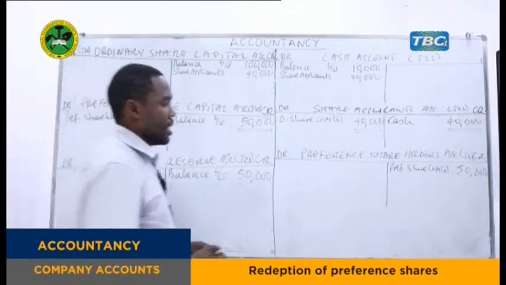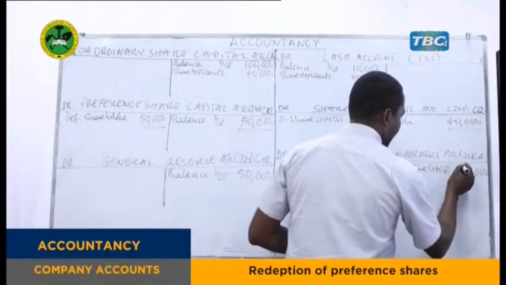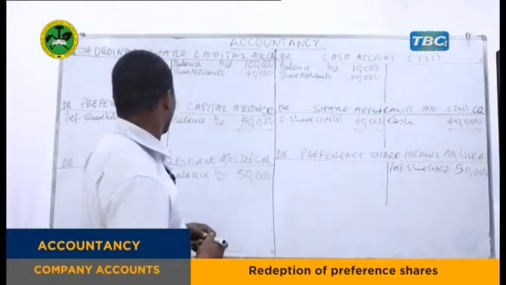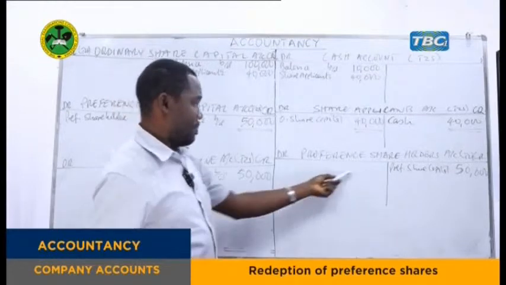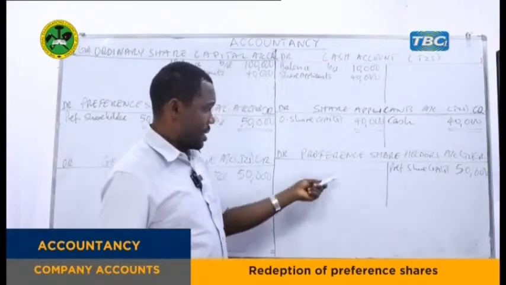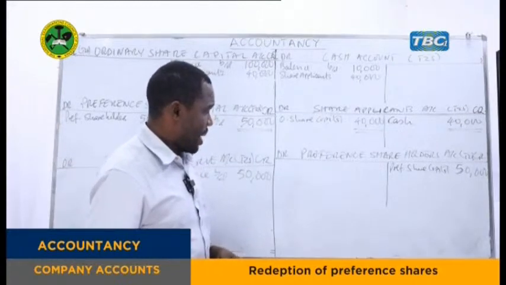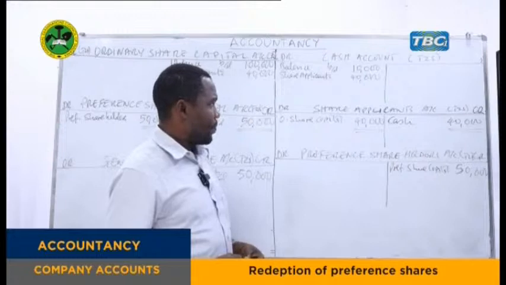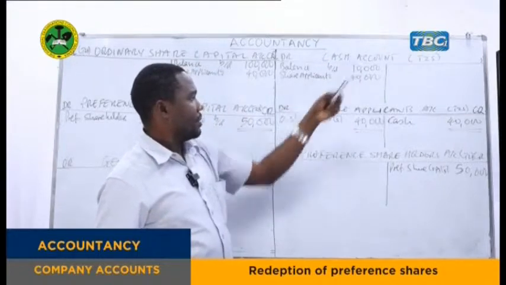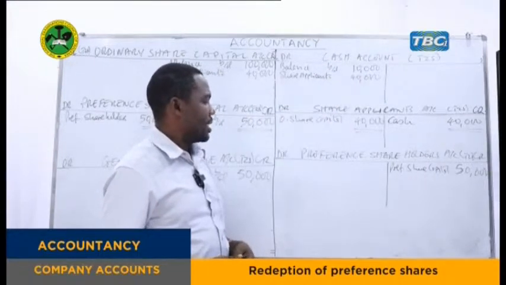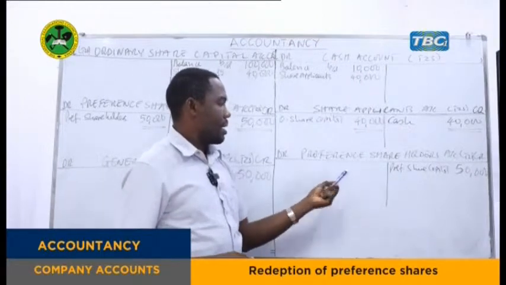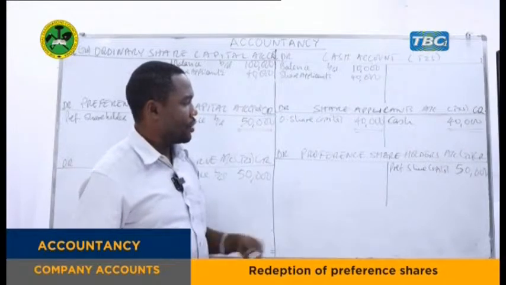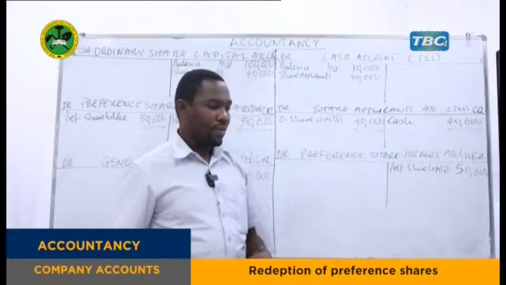Then after transferring the balance of preference share capital to the preference shareholders account, we pay them. So we have in our cash 50,000, sufficient to pay them, because we are redeeming these shares at par. So we are going to pay only the par value.